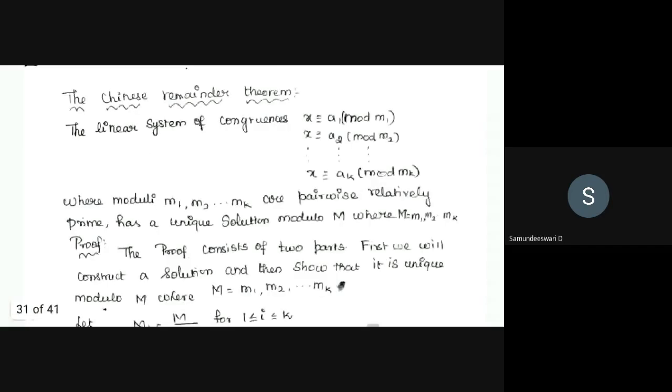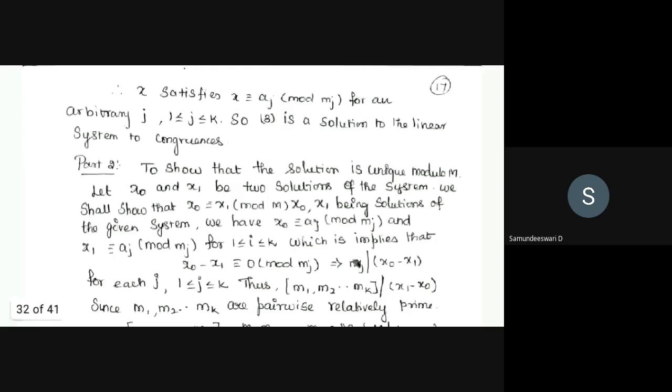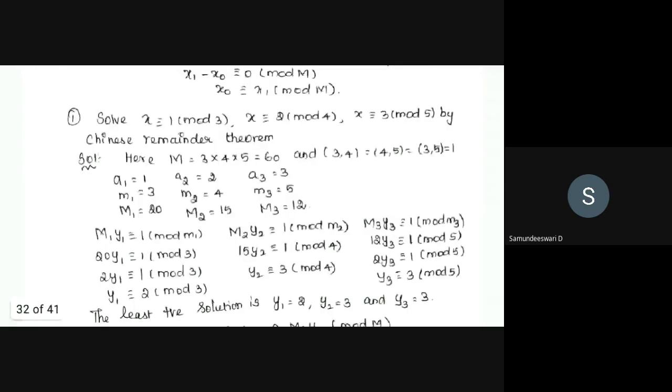But the next topic is the Chinese remainder theorem. So this theorem will be discussed later. So first we will discuss the problems. Actually, linear congruences can be solved by many methods.